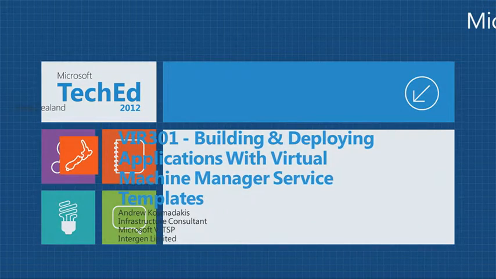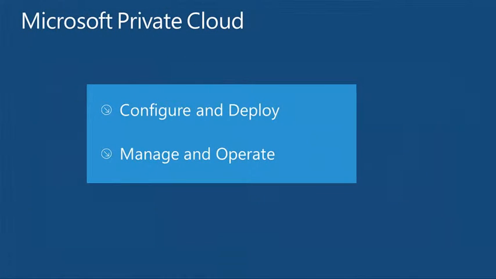What I'm going to do is quickly touch on Microsoft private cloud concepts. I don't know if everybody's familiar with the overall story of the Microsoft private cloud, but it's broken down into two tenets. We've got configure and deploy, and we've got manage and operate. From configure and deploy, VMM primarily fits within here.